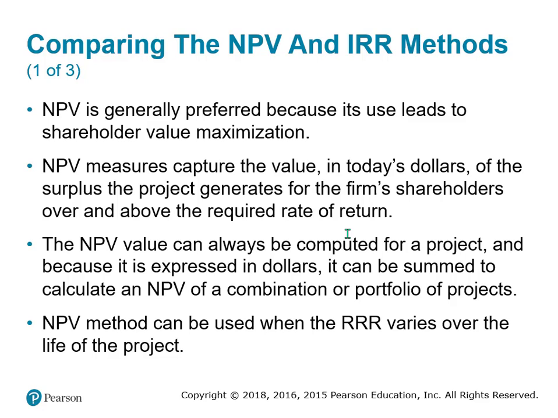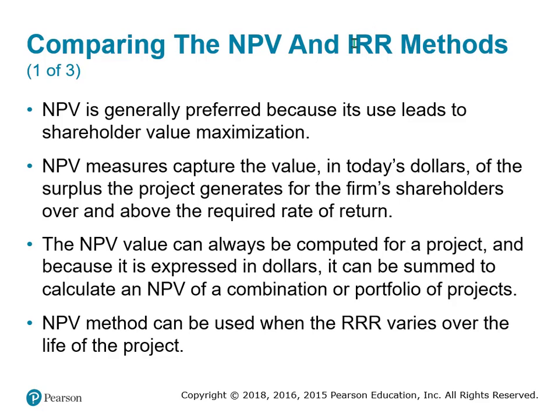And it can always be computed for a project because it's expressed in dollars. It can be summed to calculate an NPV of a combination or a portfolio of projects. And the net present value method can be used when the rate of return varies over the life of the project. Okay? So there are a lot of good things about NPV over IRR.